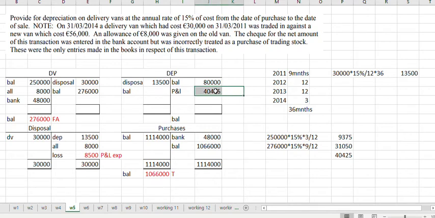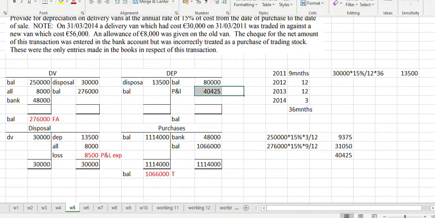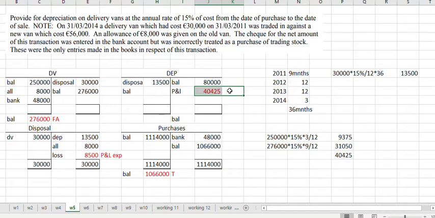That is a selling and distribution expense because it's a delivery van. Okay, when we balance this out, we get a balance of 106,925. That figure there is our balance sheet figure for accumulated depreciation.